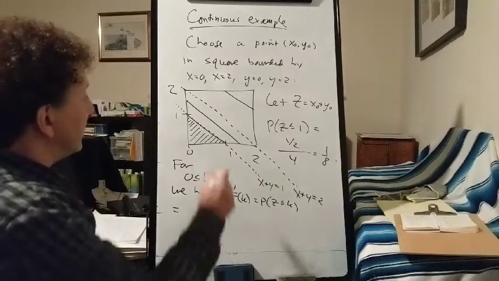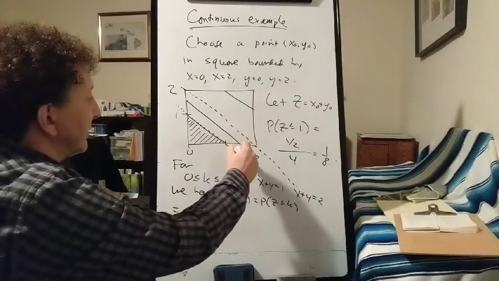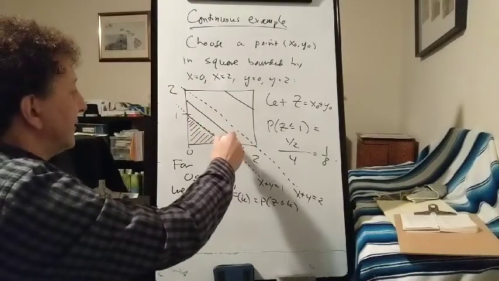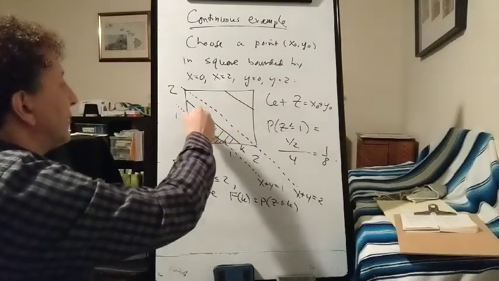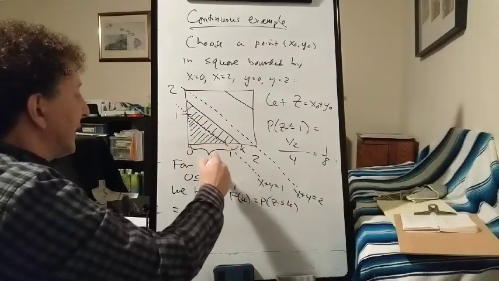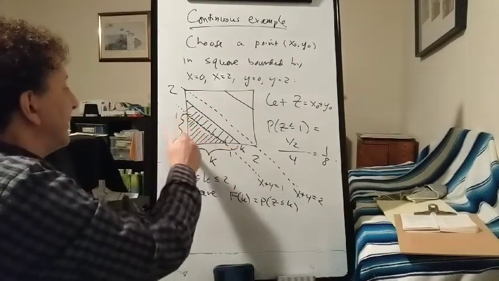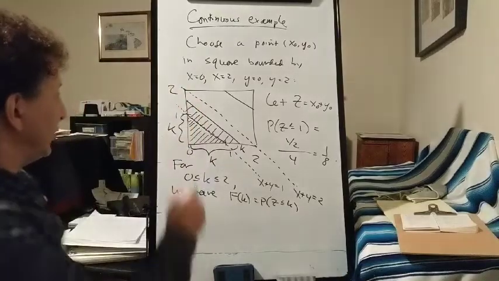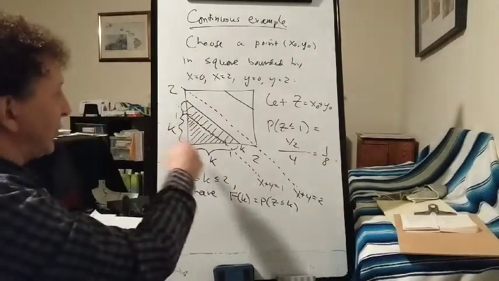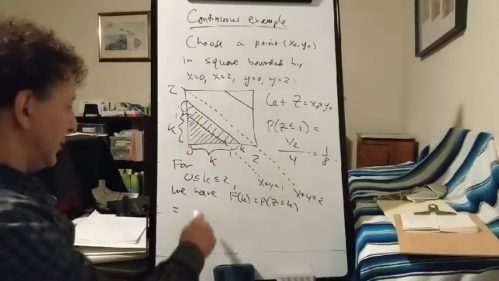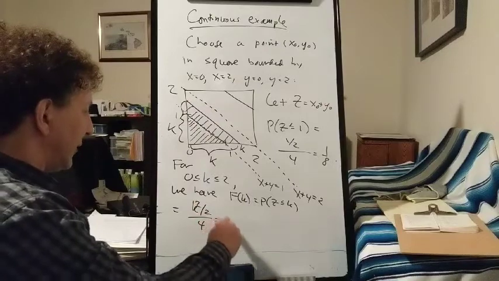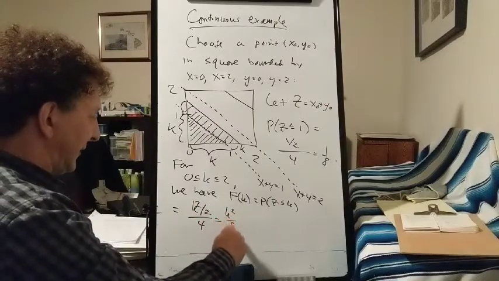Let's say this is k right here; x plus y equals k is this line. So this triangle is a right triangle with leg lengths k, and the hypotenuse k squared to 2, but that's not important. And the area is k squared divided by 2. So k squared divided by 2 all over 4, so k squared over 8.